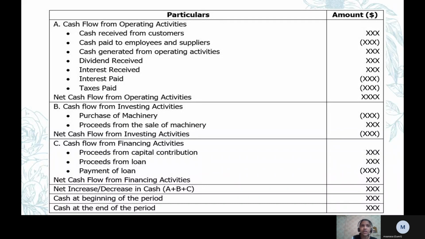Then the operating profit will be added along with net investing activities, then the net financing activities. All put together, the cash flow statement will be formed. This is the final format of cash flow statements.